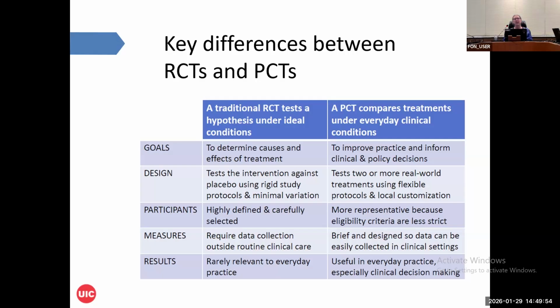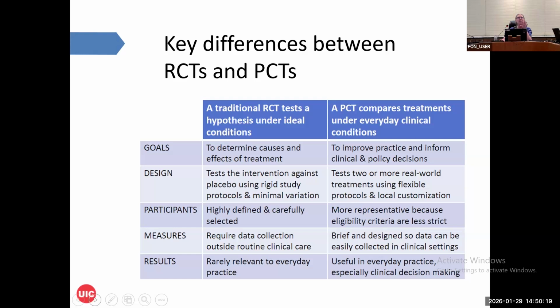With a pragmatic clinical trial, it's brief and designed so that data can be easily collected in clinical settings. And the results with a randomized clinical trial are rarely relevant to everyday practice, whereas a pragmatic clinical trial is useful in everyday practice, especially clinical decision making.